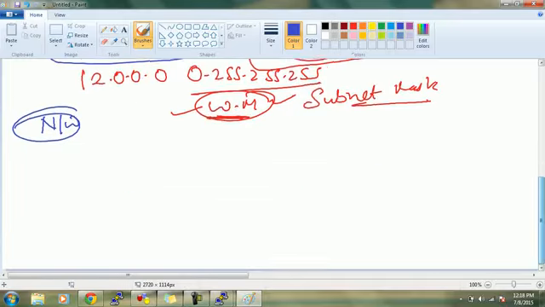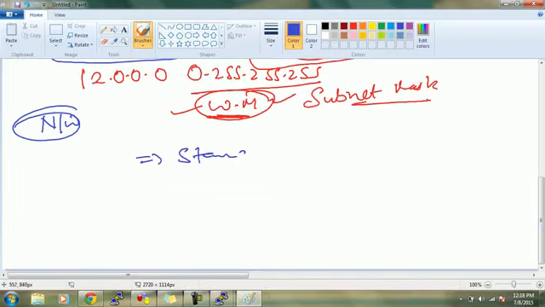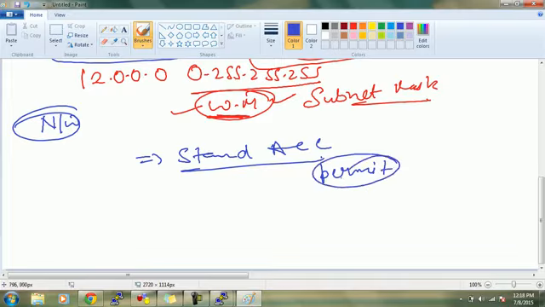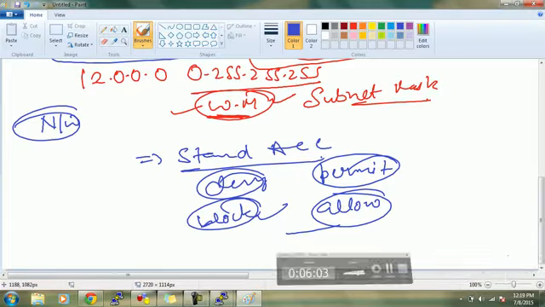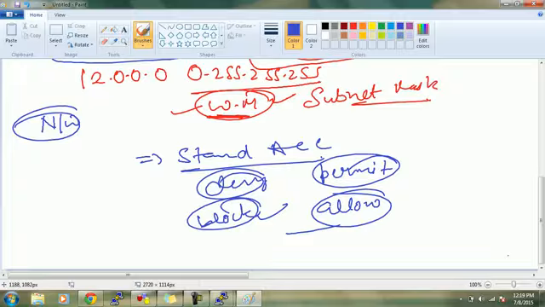Now in standard ACL there is a rule. If you permit anything, what do you mean by permit? Permit means allow. Deny means block. Agree? Now, if I permit anything, every other thing will be denied by default.